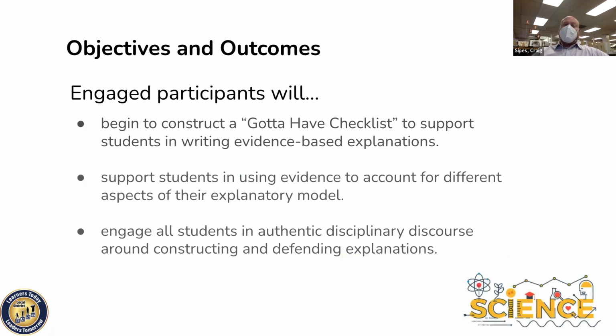So today, the objectives, as we consider how to press for evidence-based explanations, we're going to talk about gotta have it checklists and how you might use them, and how you might support students in using evidence to account for different aspects of students' explanatory models, and how to engage all students in authentic disciplinary discourse around constructing and defending explanations.